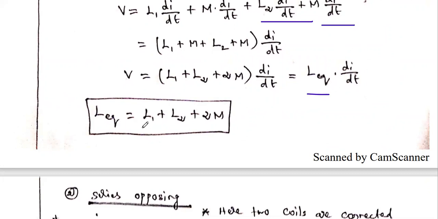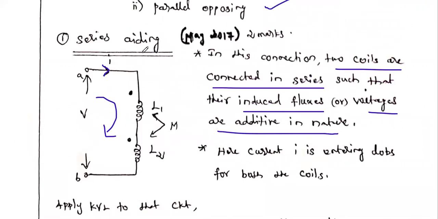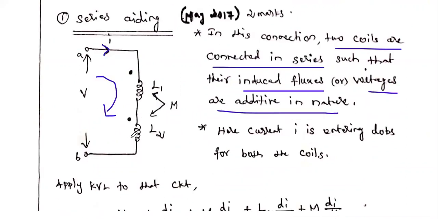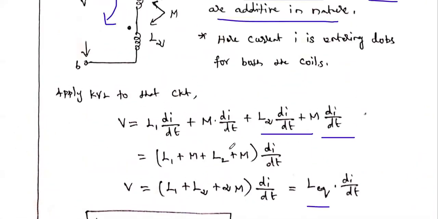From that, the equivalent inductance of the two coils connected in series is L1 plus L2 plus 2M. Okay, so if the two coils are connected in series aiding, that is, both dots are at the entering point, the equivalent inductance is calculated by L1 plus L2 plus 2M. Okay, this is the formula. Using this formula directly we can calculate the answer.